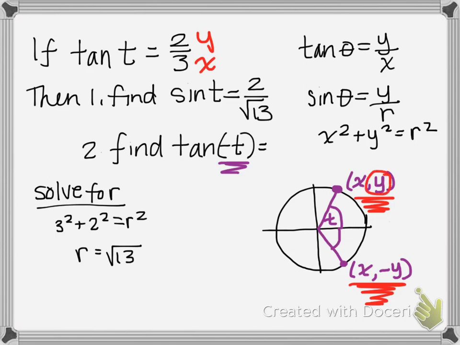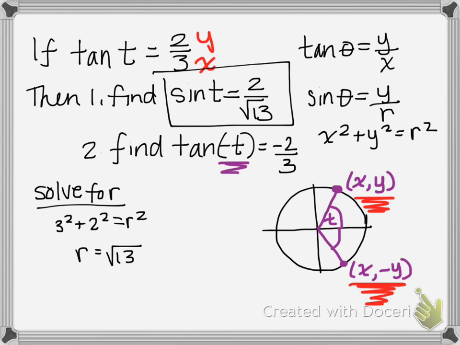So if the tangent of t is equal to 2 over 3, as originally given, then the tangent of negative t is equal to negative 2 over 3. And those would be our two solutions.